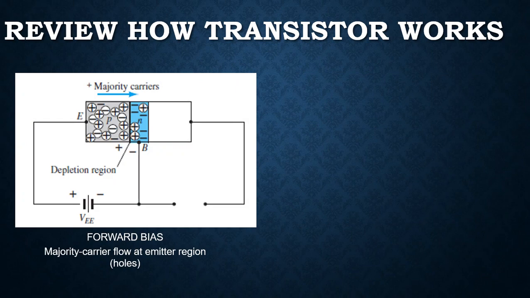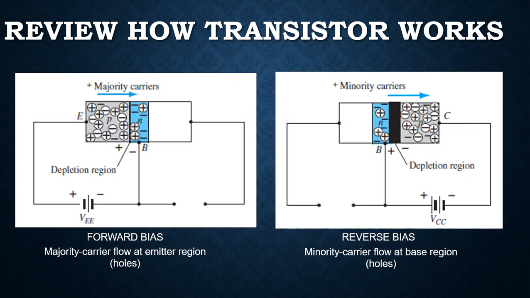Let's now remove the emitter voltage and place collector voltage. The flow of majority carrier is 0 dahil reverse bias. But still, because it is reverse bias, minority carrier can flow with a very small current called leakage current.